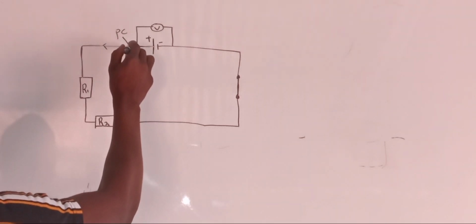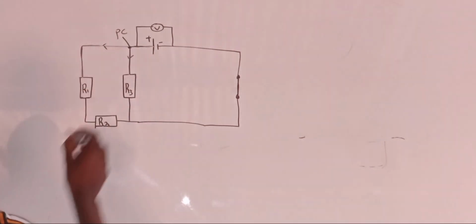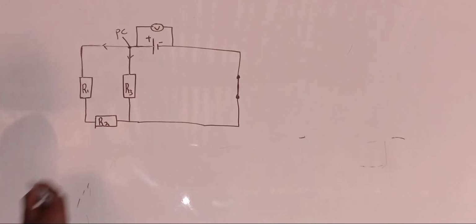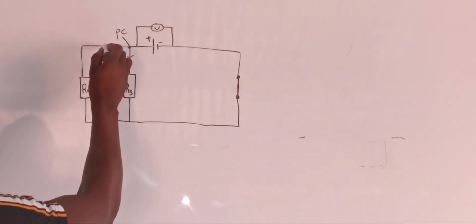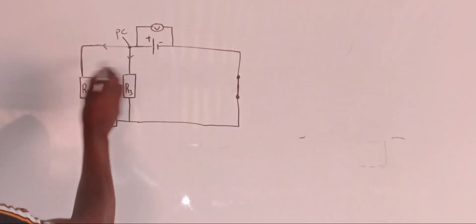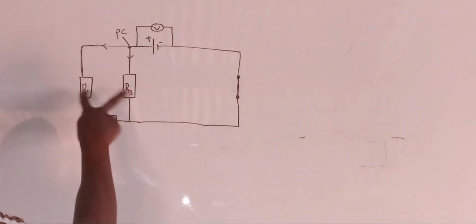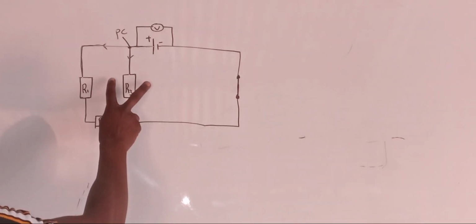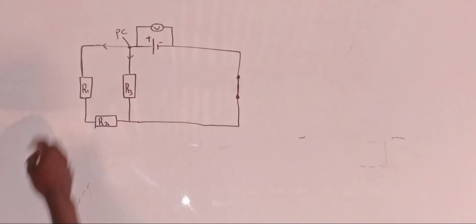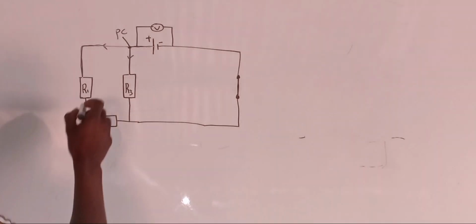But let's assume these resistors have different resistances. Now, as the current is flowing, resistor number one and resistor number three, for now they are connected in what? In parallel, because the current that is flowing to resistor number three is not the same as the current that is flowing to resistor number one.